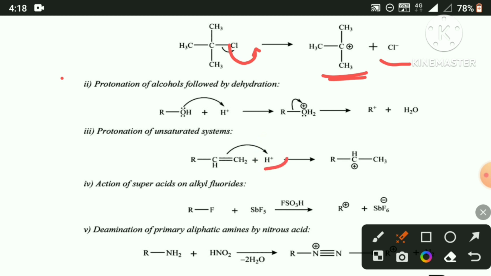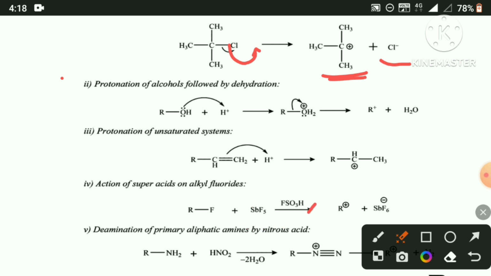So the proton is added to one of the double bond carbons, and one carbon gets a positive charge. So we get a carbocation. Then another reaction, action of superacids on alkyl fluorides. So it's an alkyl fluoride, with antimony pentafluoride and fluorosulfonic acid.